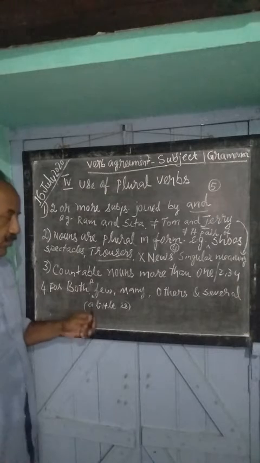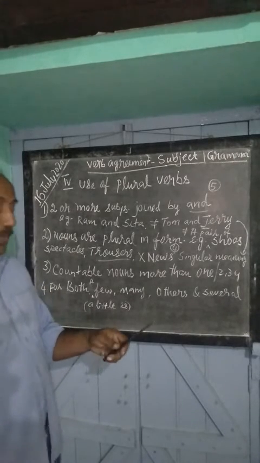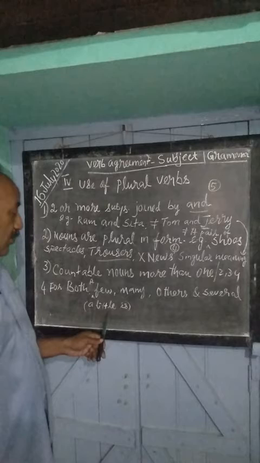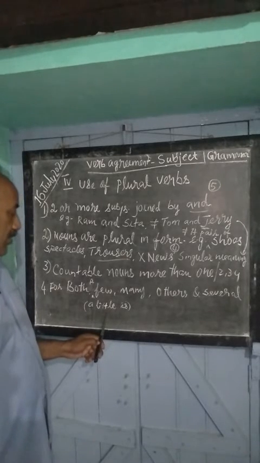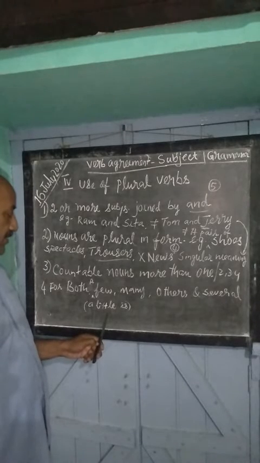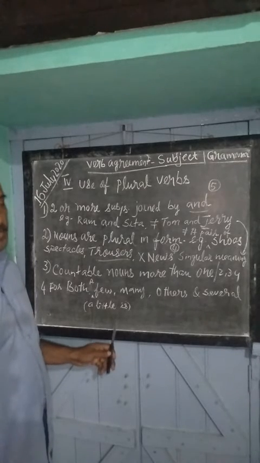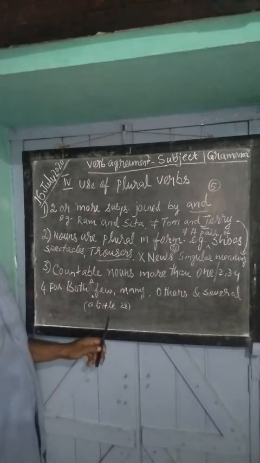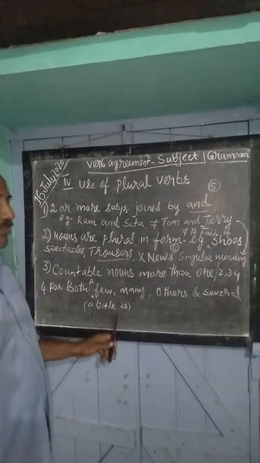One more word I would like to recall, when you can't use plural. A little water is there, because this is uncountable. Little water, little rice, it's not countable. So it will be "is". Always use a little, not little water, which means no water. A little water, singular.